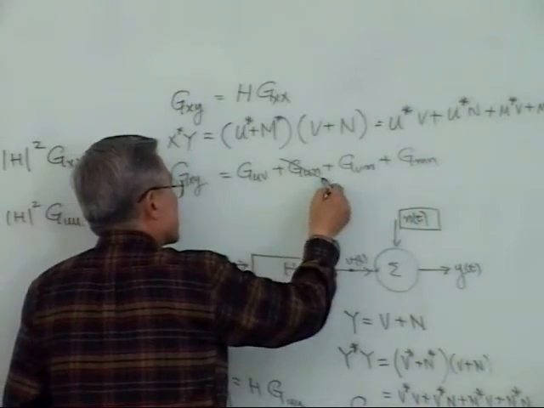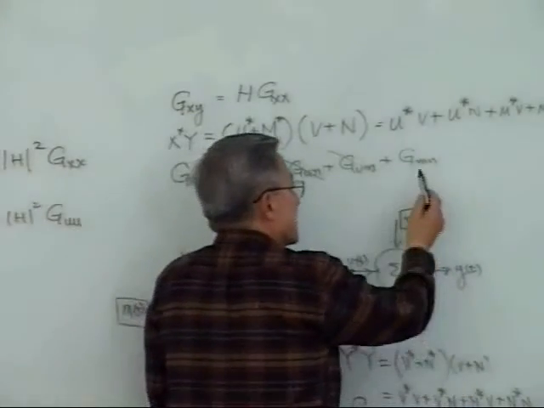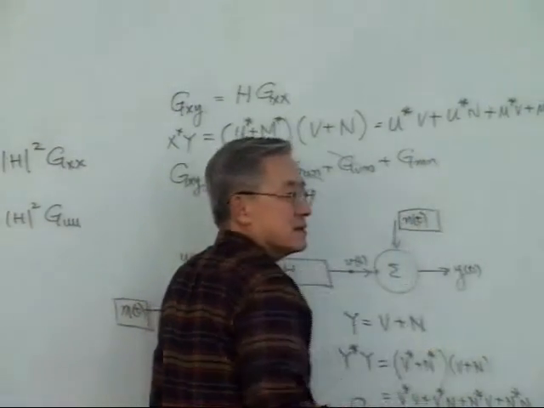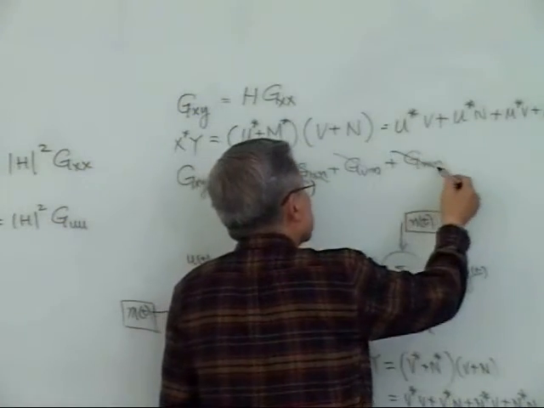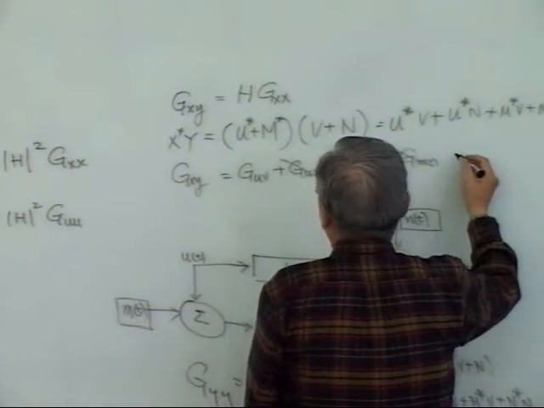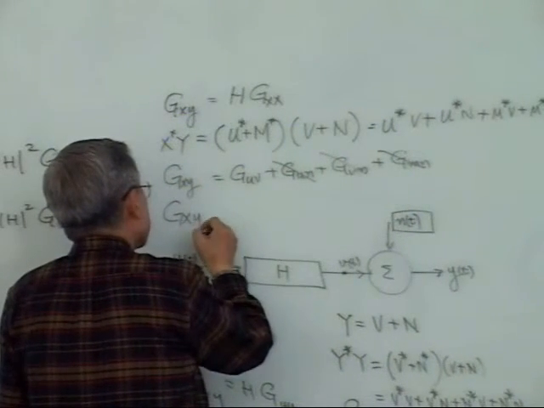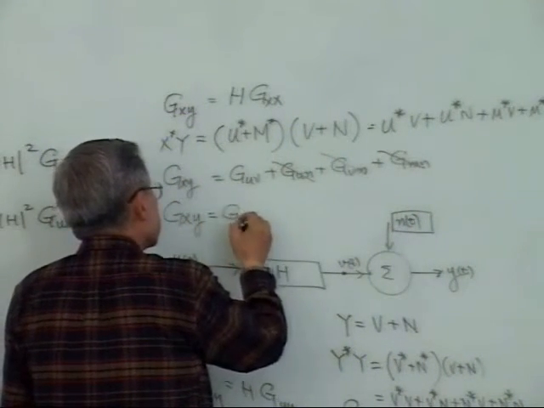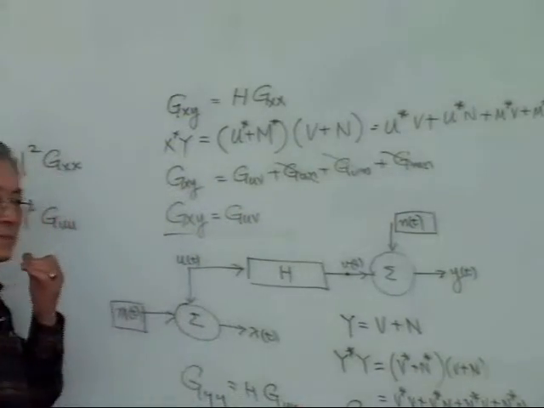This guy I can say 0. This guy I can say 0. M and N have no correlation with each other. I can set that equal to 0. Then I can say GXY is equal to GUV.